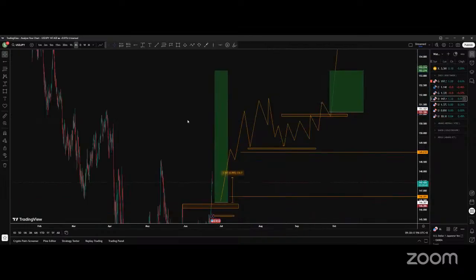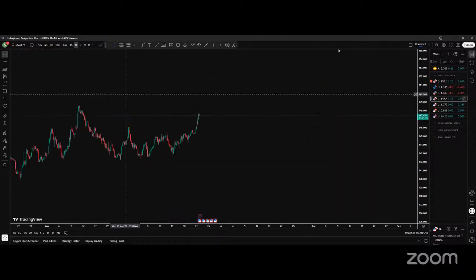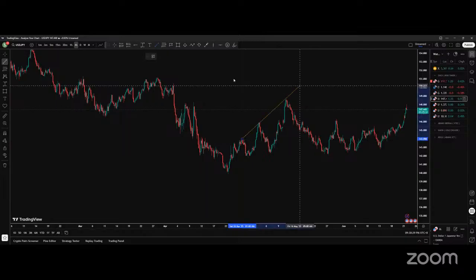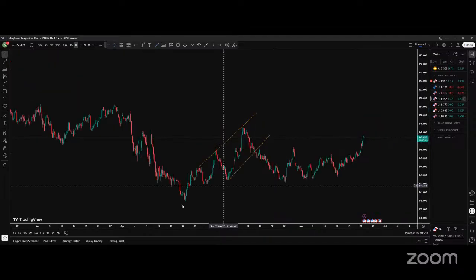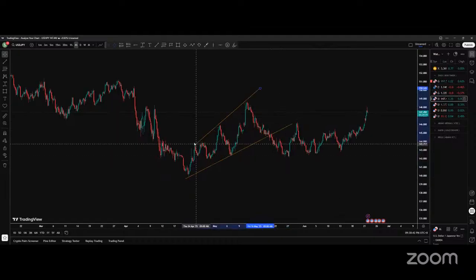So let me just show a quick example based on that trade idea. Resistance, support. I'm focusing on this channel that we have here. Looking at this channel, support we look for buys, resistance we look for sells.